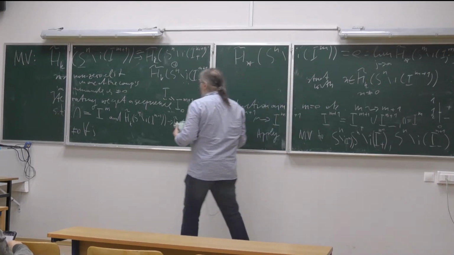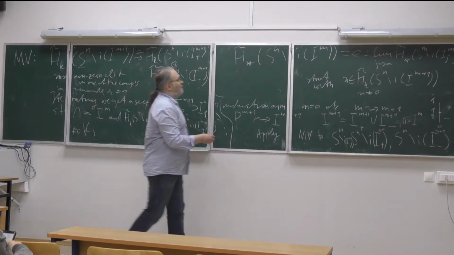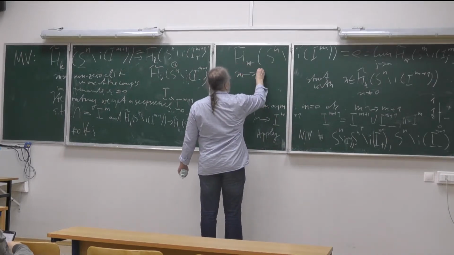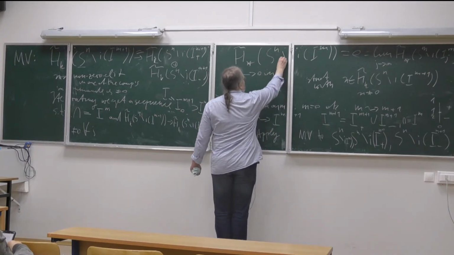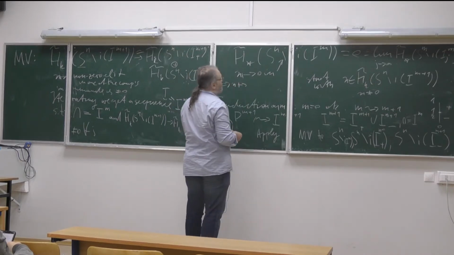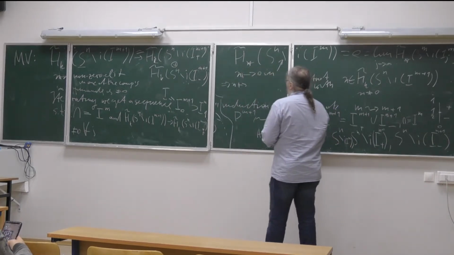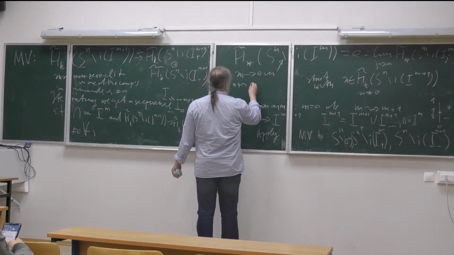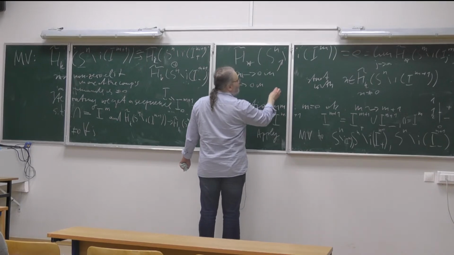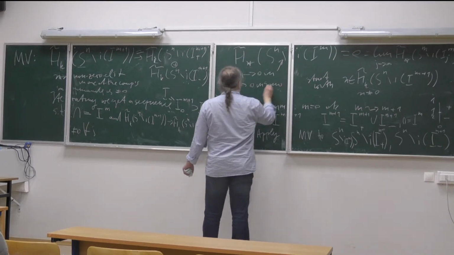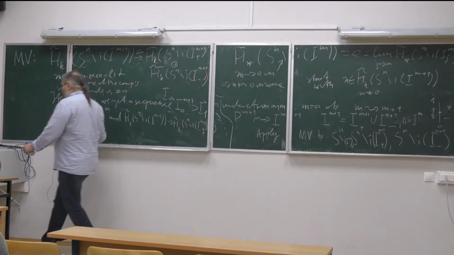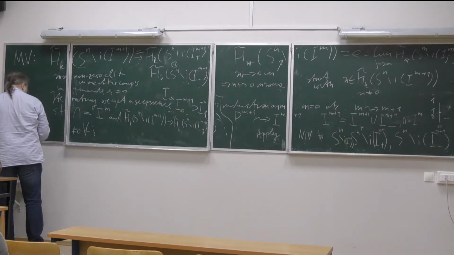In the direct limit, x must go to 0. So x goes to 0 in some of the groups that we take the limit of.